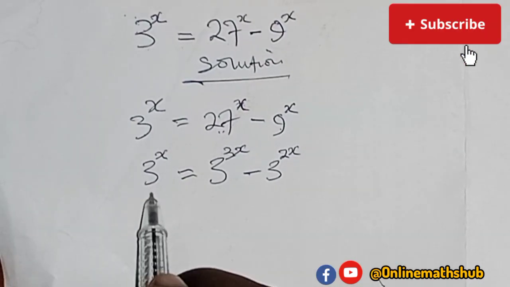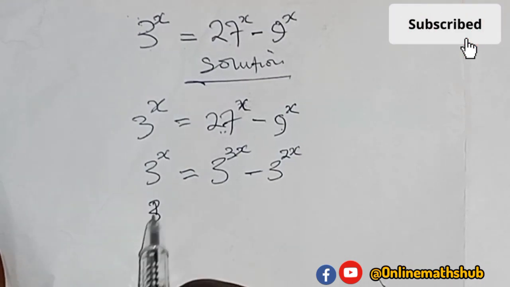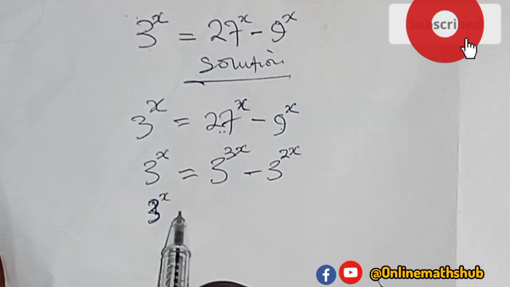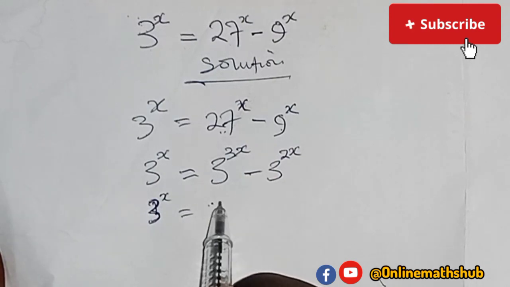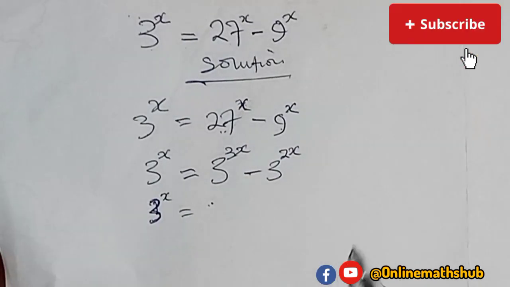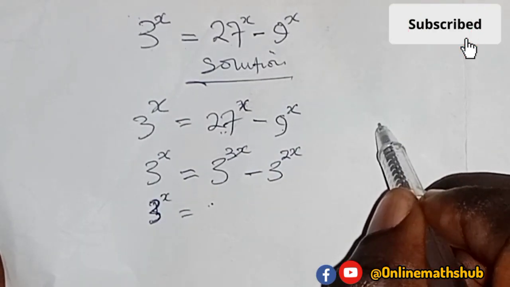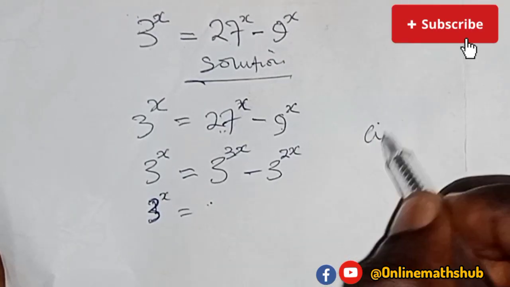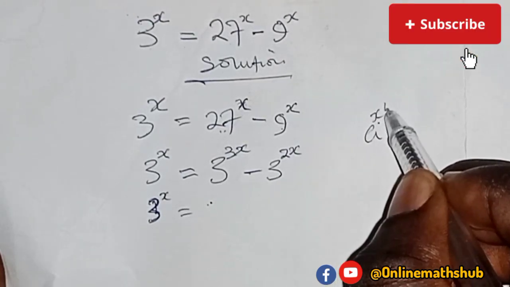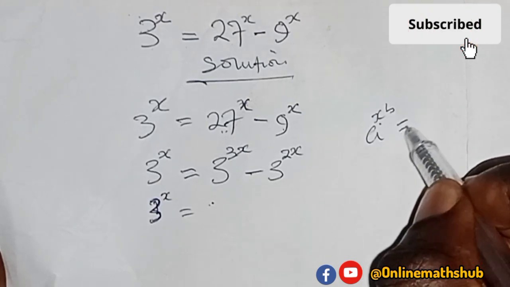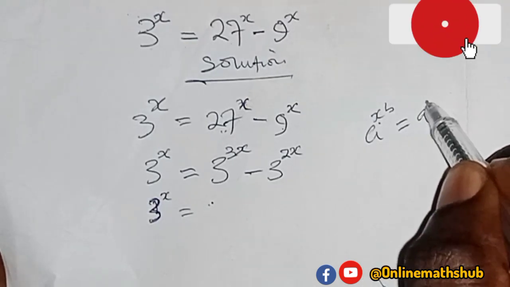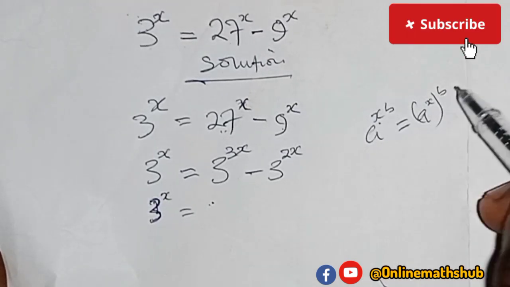Now we can see that we can write this as 3 raised to power x is equal to, of course you remember one of the rules of indices, which says that if you have a raised to power xb, you can write this as a raised to power x, bracket b.